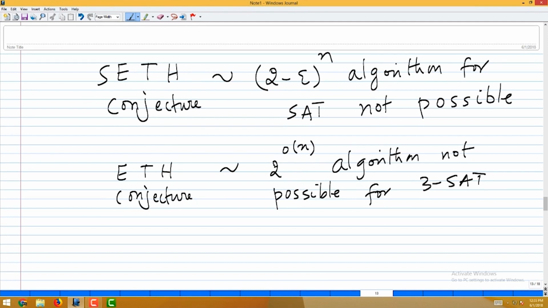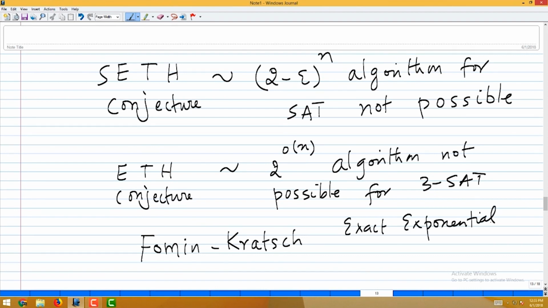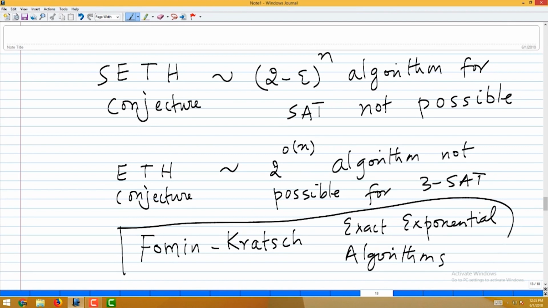There is a recent book, about 3-4 years old, by Fedor Fomin and Dieter Kratsch called Exact Exponential Algorithms. So there is a lot to be explored in this world as well. I think I have a lot of time, but I have run out of material to talk, so I'll stop.